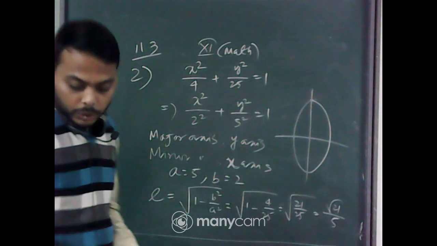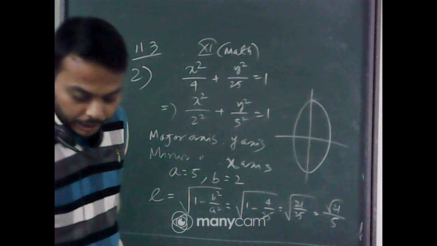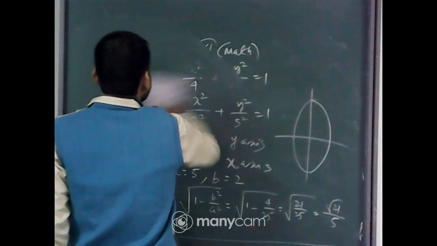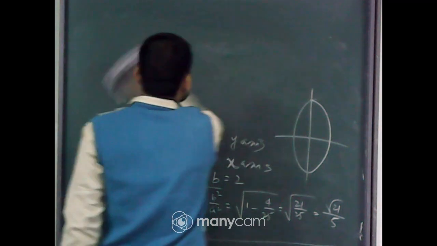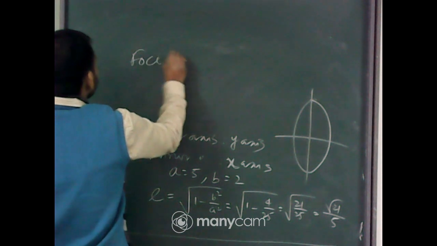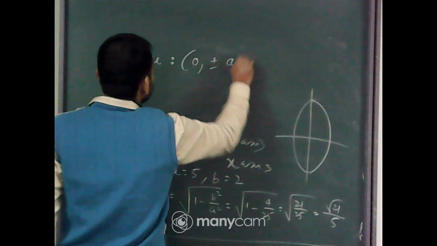Now we will find the foci. So I am erasing the upper portion of the board. Here the coordinates of foci will be 0 comma plus minus ae.